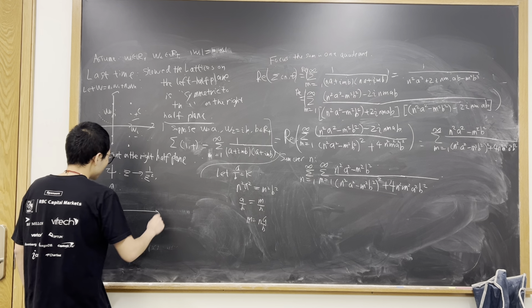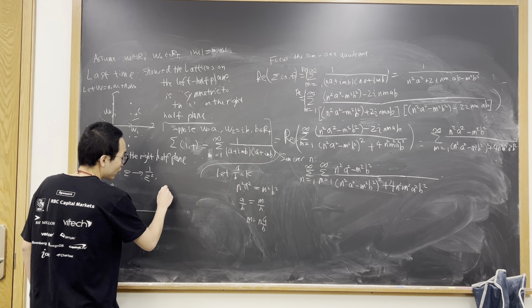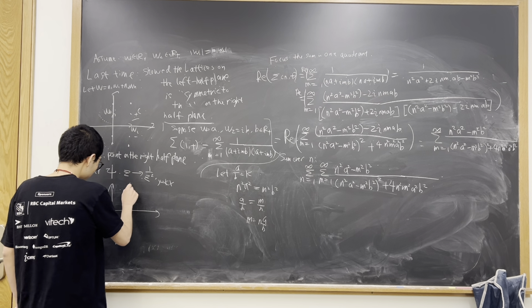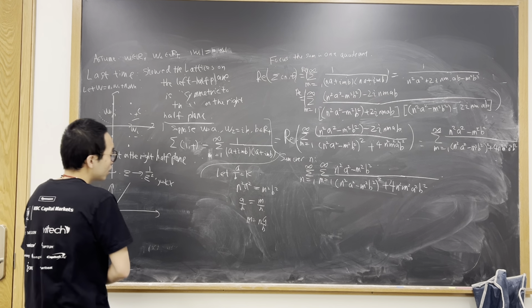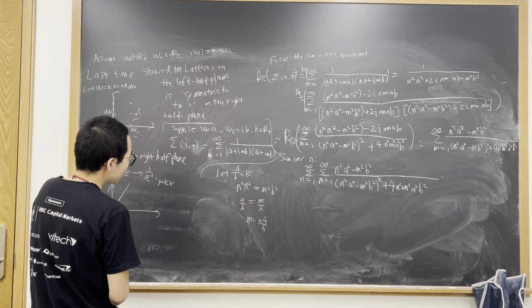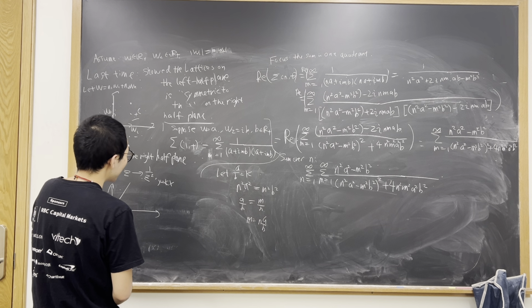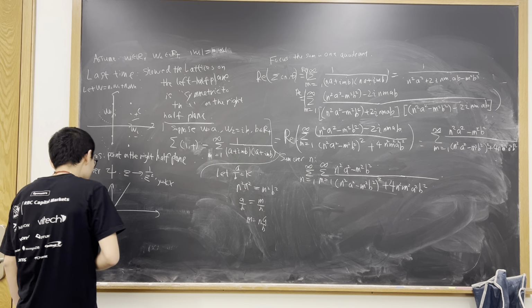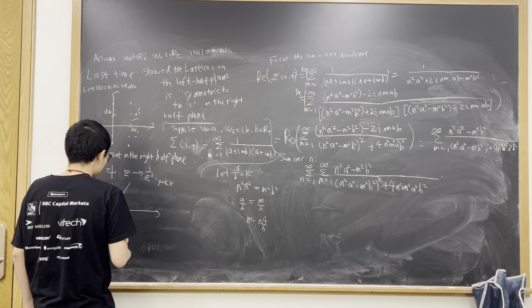So let's draw the line y equals x times k, y equals kx. Basically I'm thinking that a is bigger and b is smaller, so this k is a little bit big here.